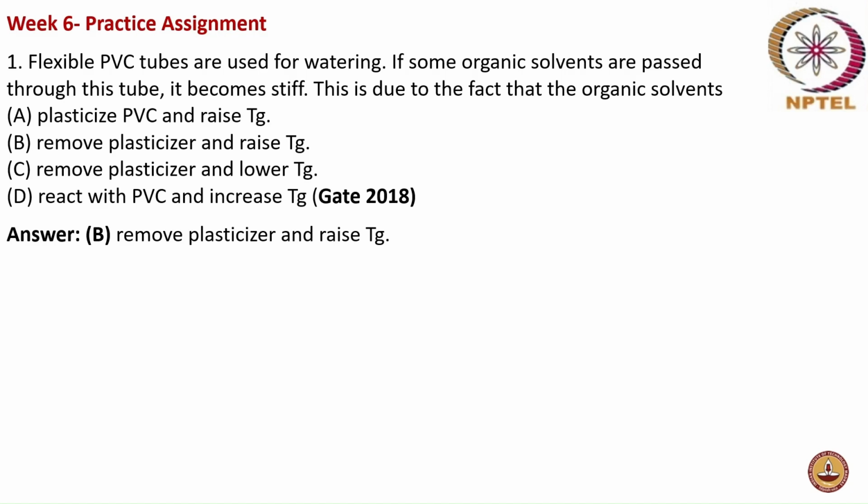In place of water, if you start passing organic solvents, what these organic solvents will do is that they can take up this plasticizer, which obviously will be smaller molecules compared to the PVC polymer chain. So those molecules will start getting leached out. Because of the removal of plasticizer, the TG is raised and it becomes stiff. Okay. Yes, ma'am. Got it. Okay, fine.